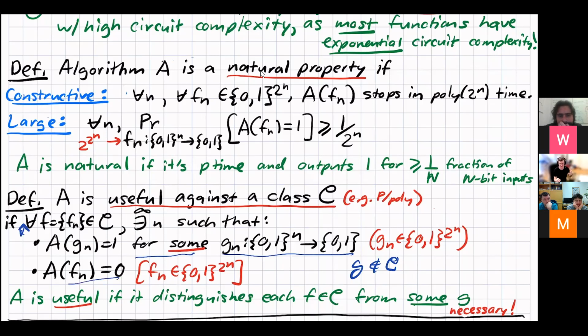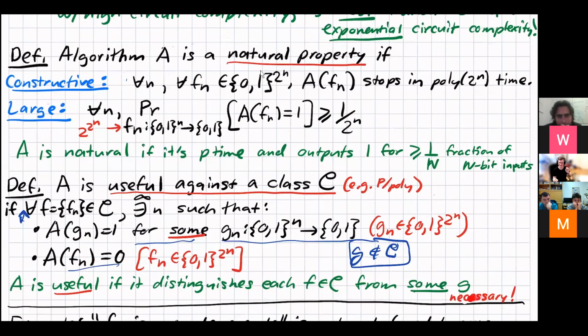And if we forget about the constructive and large conditions, this is something that just has to be true. If the thing is not in the class, there's going to be something that distinguishes it from everything in the class. So I'm emphasizing that usefulness is actually necessary in a certain formal sense for proving a lower bound.